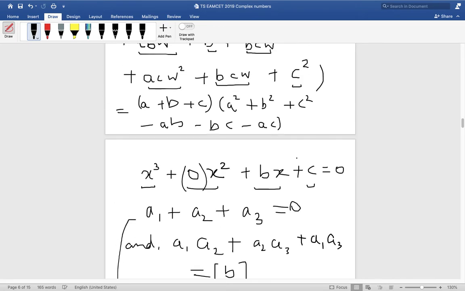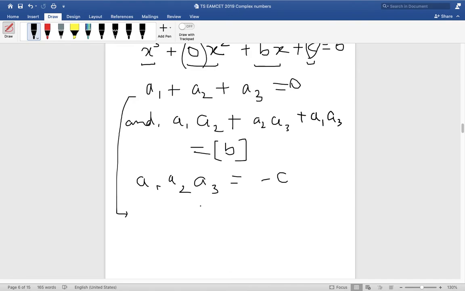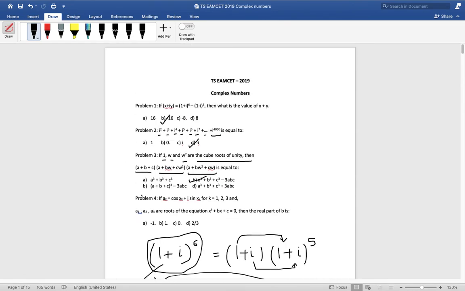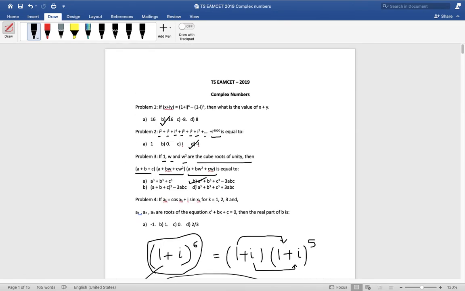What I want to say is that c should be a real number, otherwise we will not be able to solve this problem. A1 plus A2 plus A3 is equal to 0. So Ak is defined as cos alpha k plus iota sine alpha k.